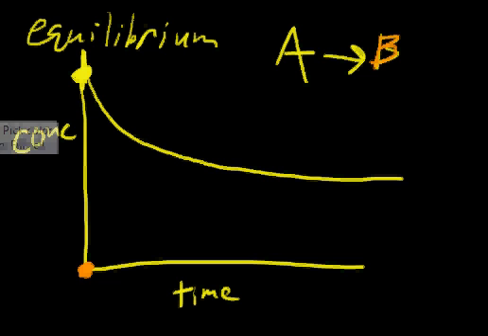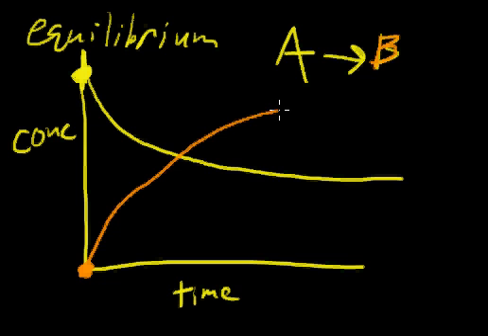As time goes along, substance B is going to increase, but the rate of increase is going to decrease over time. In other words, it's going to slow down how much substance B is being produced. And eventually, we're going to reach a point where we have the maximum amount of substance B that can be produced.